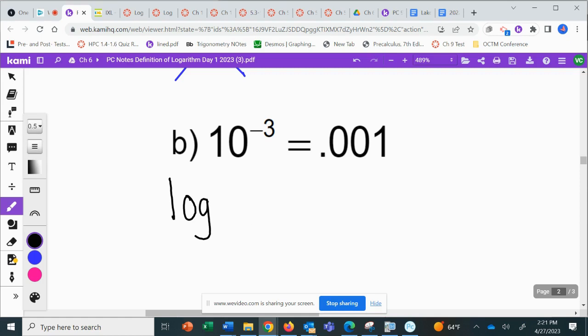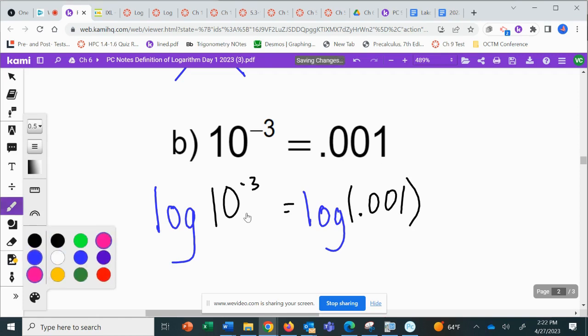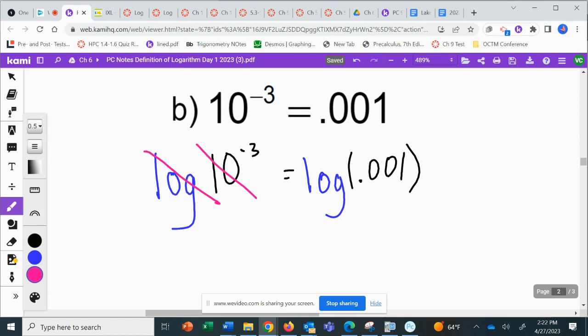I just write log because it's the common log. So I just write log 10 to the negative 3. But I need to know that that log is base 10. Okay? So that log base 10 and the big 10, the base of 10 cancel. We get negative 3 equals log 0.001.